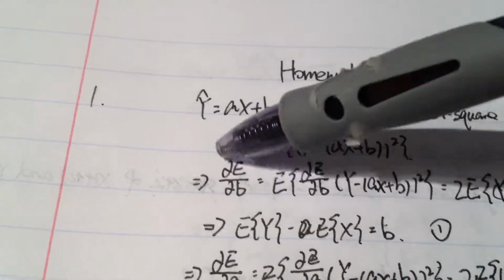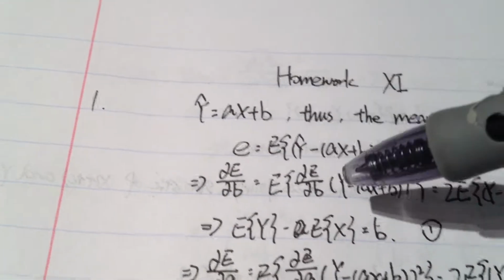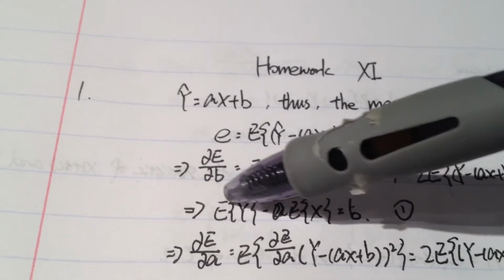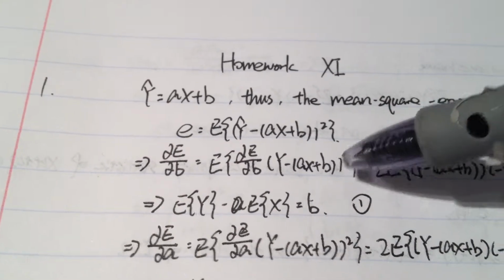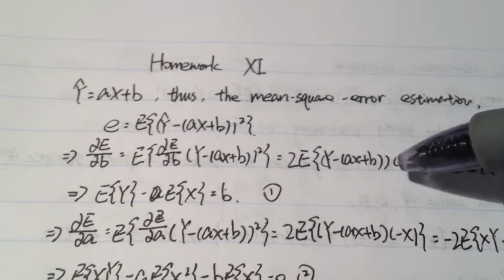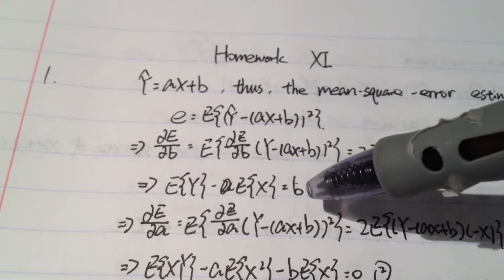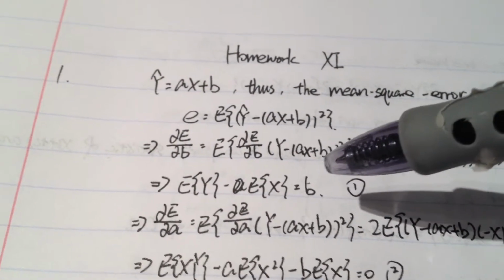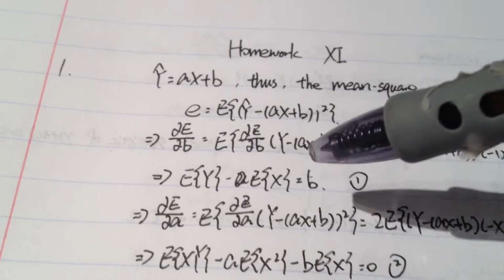We know that the left hand side equals 0 and the right hand side equals this part, and we use a chain rule here so that we can get this equation, so that we can know that b equals the mean of y minus a multiply the mean of x.